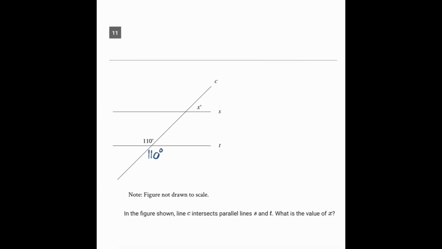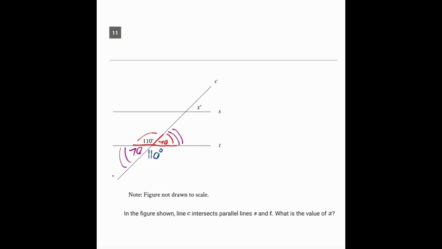So we can see relationships like that throughout here, but let's focus on this one right here, where this 110 and this other angle have to add to 180. So that's going to give you 70 for this angle. And just like the 110, this angle has a vertical angle on the other side, 70.